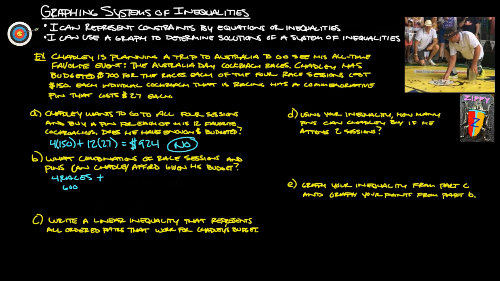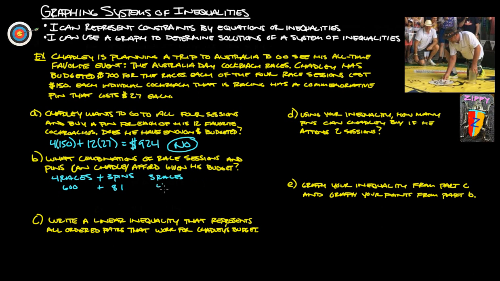So if he bought 4 pins, that would be over $100, but if he bought 3 pins, that would be 3 times 27, which would definitely be under $100. So he could do 4 races and 3 pins, right? 3 times 27, that's going to be $81, so $681 for that.